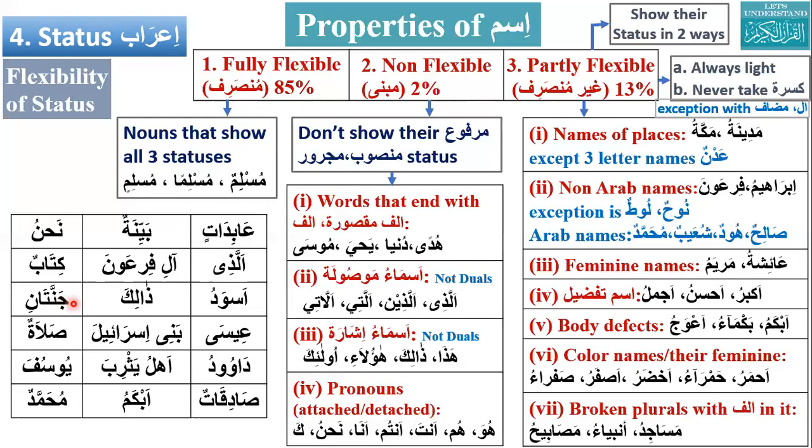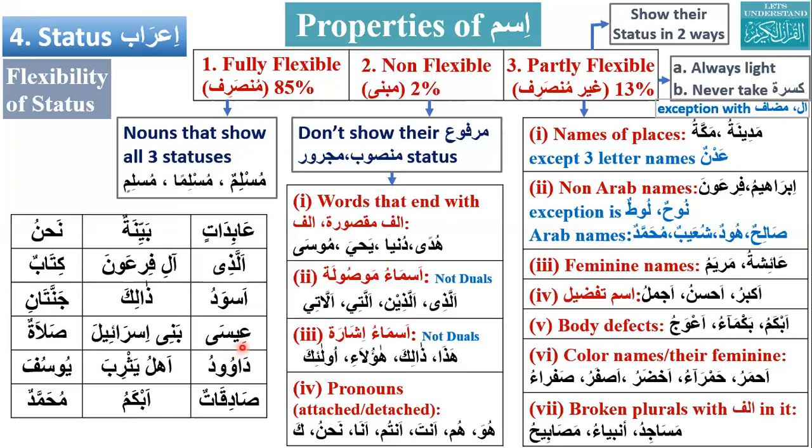It is partly flexible. No, it is fully flexible. It is like Jannatun, Jannatan, Jannatin. Then Jannatani, Jannataini, Jannataini. So it is showing its status. Marfu status is different, mansoob is different.